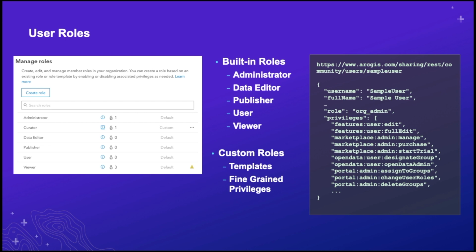And so in the REST API here on the right, when you actually look at a user's resource, you'll see a long list of privileges of what they can and can't do. And so in your application, for instance, you can actually determine whether the user can or can't do certain actions in your user interface, and you can gray things out, or show different user experiences for that particular user.